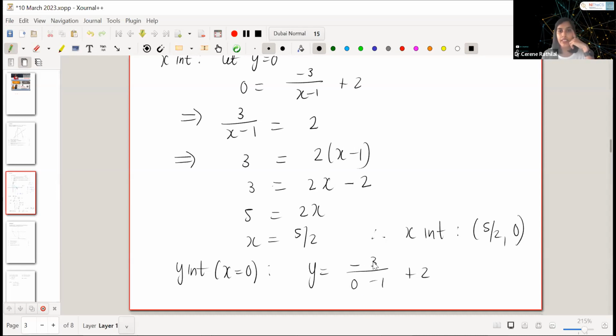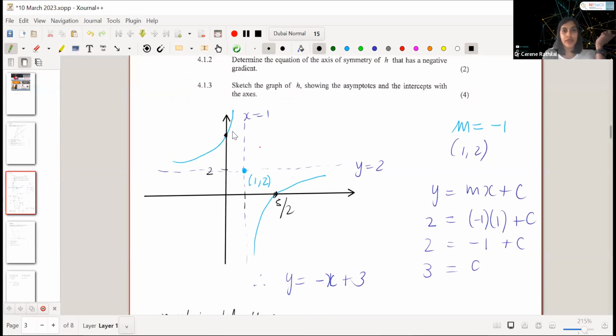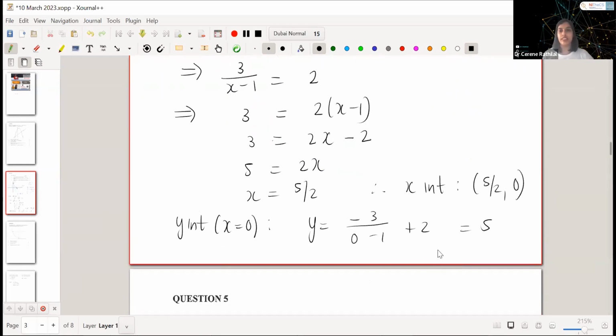So that's minus 3 divided by minus 1, which gives me a value of positive 3 plus 2, which equals 5. And so the y-intercept is given by 0, 5.